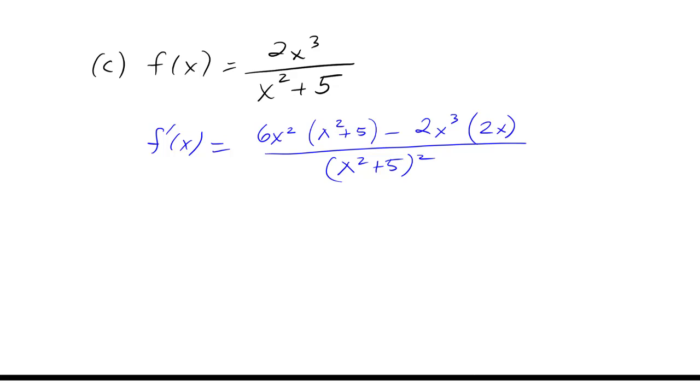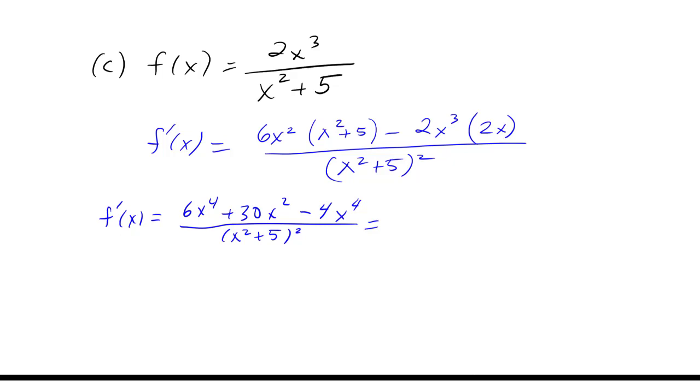And so now I just have to clean this up a bit. So I'm going to get 6x to the 4th plus 30x squared minus 4x to the 4th over x squared plus 5 squared. And what do we get here?